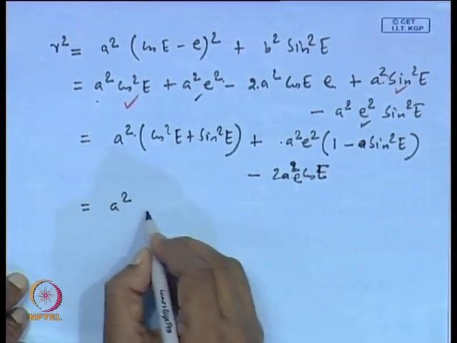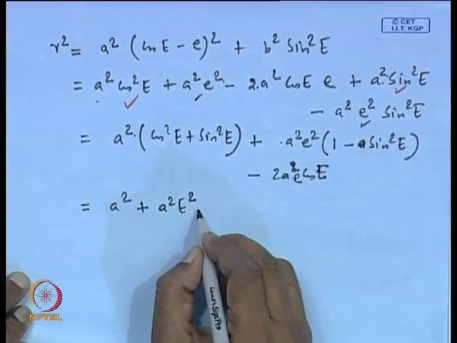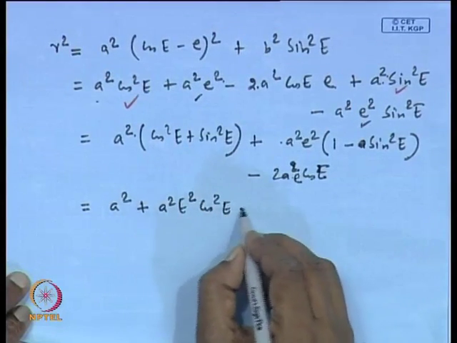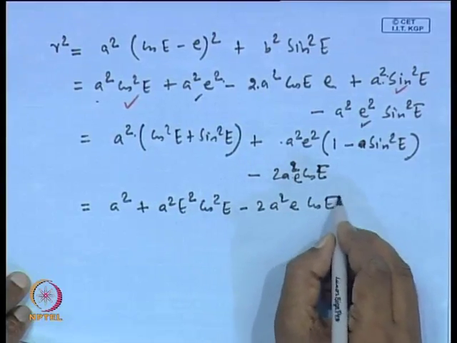So, this becomes a square plus a square e square cos square e minus 2 a square e cos e.